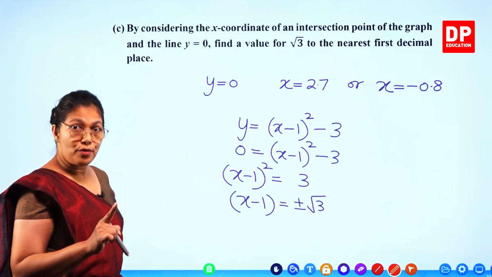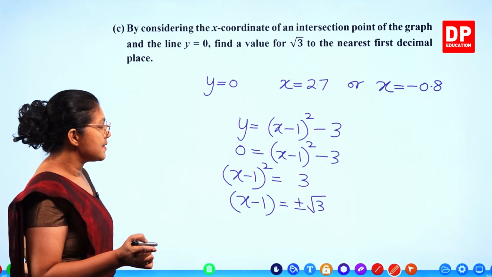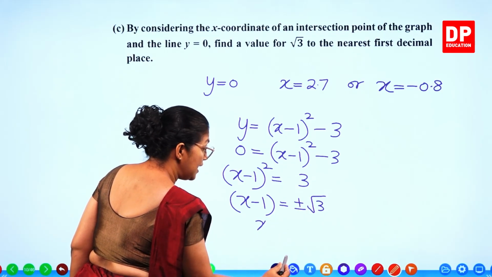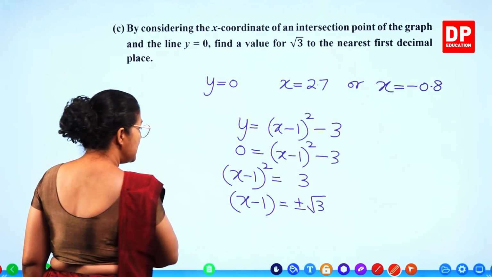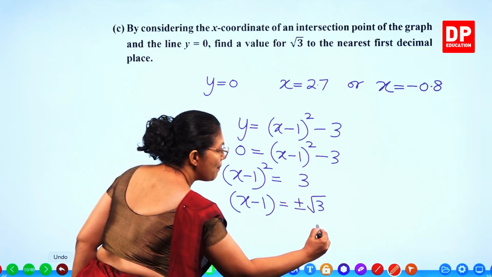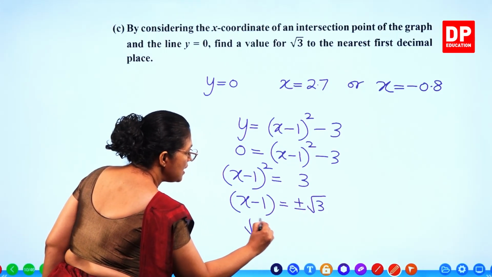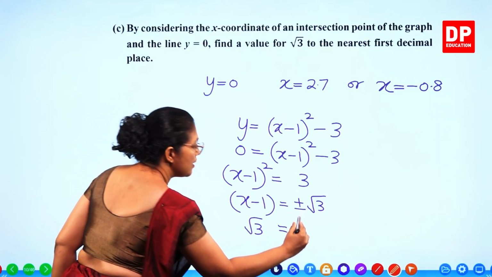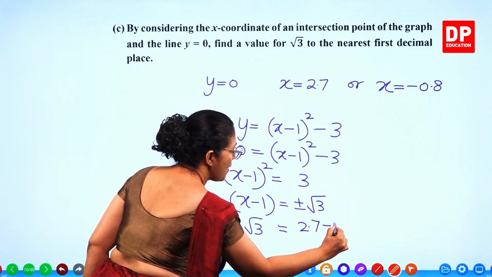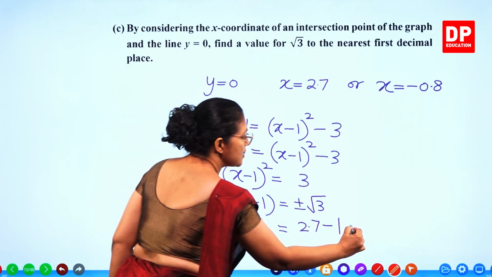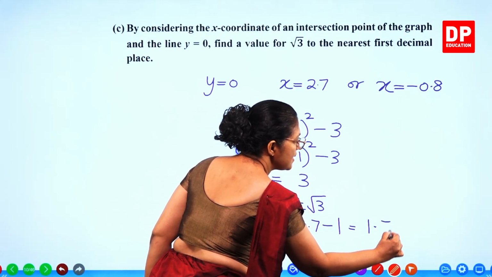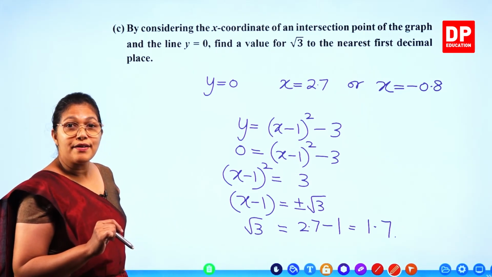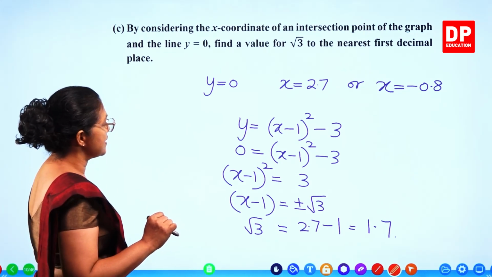When you are taking square root, remember to take both plus and minus. Then what is x? No, we need not x, we need root 3. So to get the positive root 3, we take the positive value of x, the bigger one, 2.7 minus 1. What is the answer? You get 1.7 as the root 3 value to the nearest first decimal place.